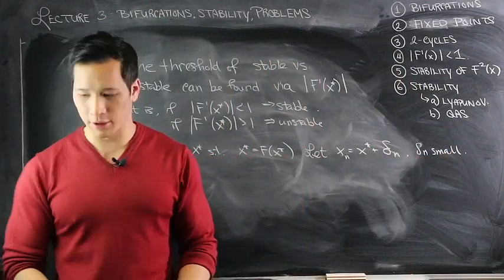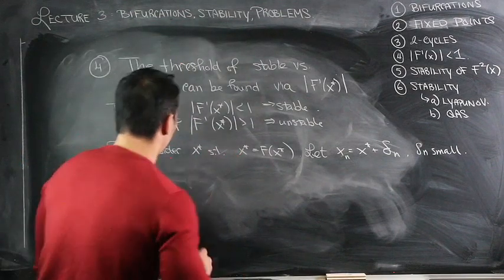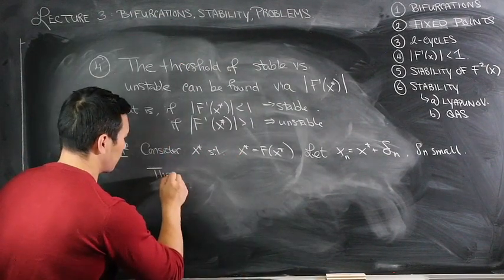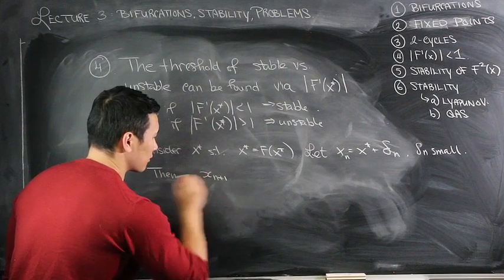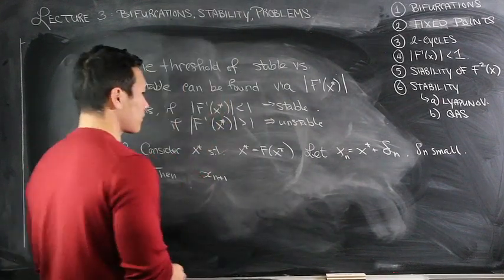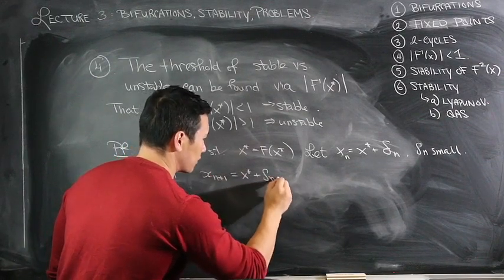This is what's called linear stability. Okay? Then x n plus 1, we're going to write x n plus 1 as x star plus delta n plus 1.